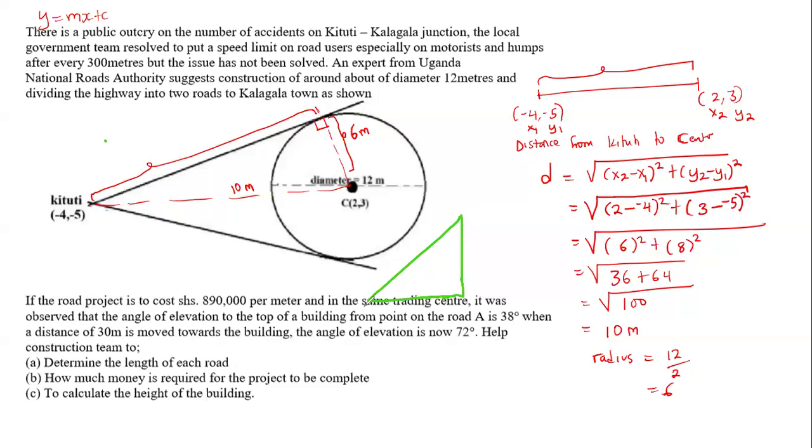Are you seeing this? Yes. Now, if this is your x1, this is your x2, then this is your y1, and this is your y2. How long is from here up to here? Okay, let me do this.